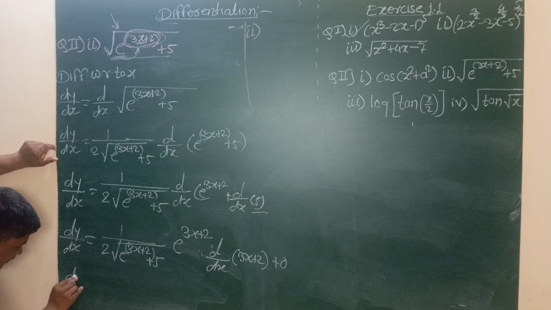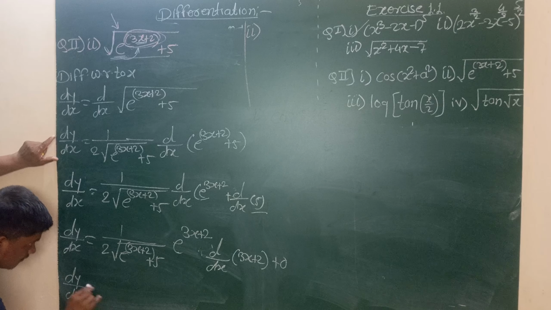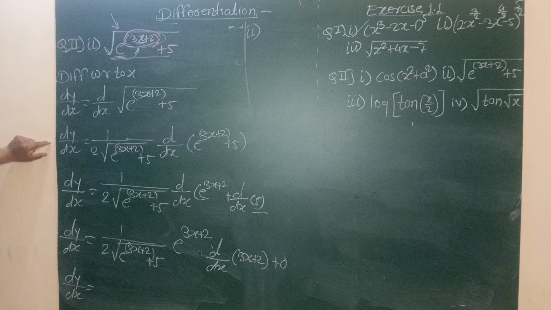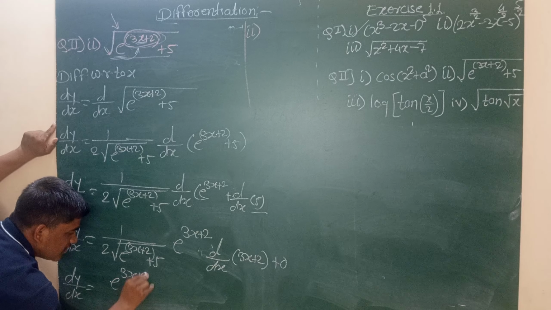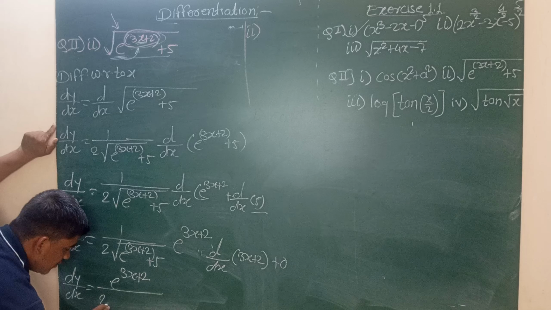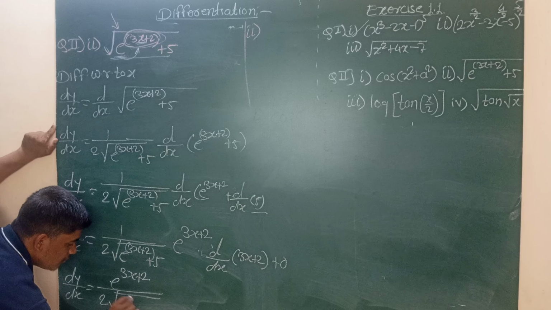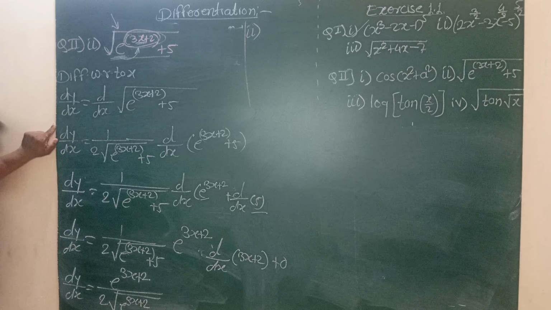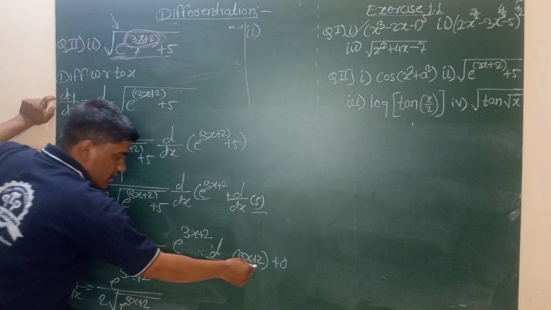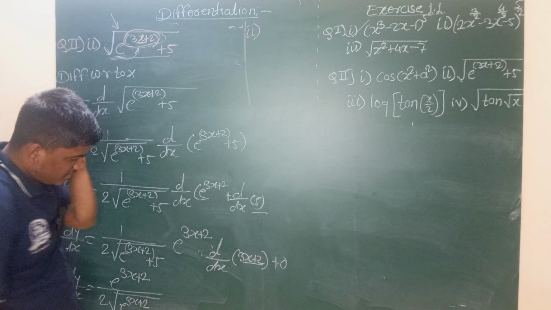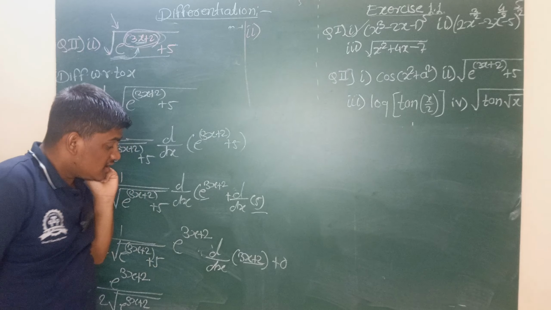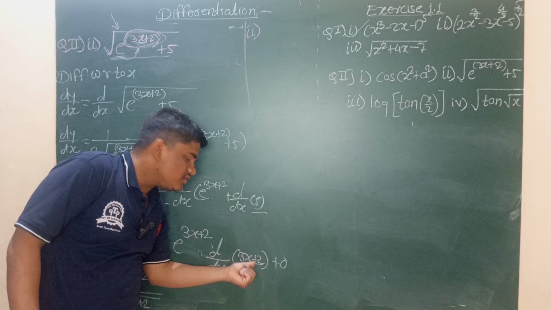Now the final step: dy by dx is equal to, at the numerator, e raised to 3x plus 2, divided by 2 into root of e raised to 3x plus 2 plus 5. Here there are two different terms separated by an addition sign, so we differentiate separately, but we know that plus 2 is a constant.